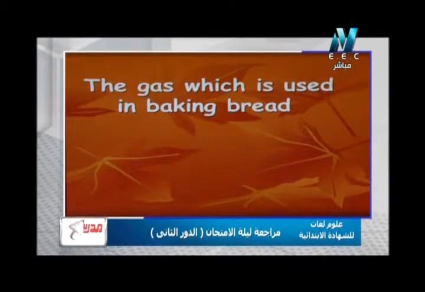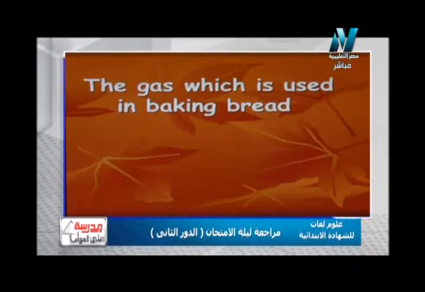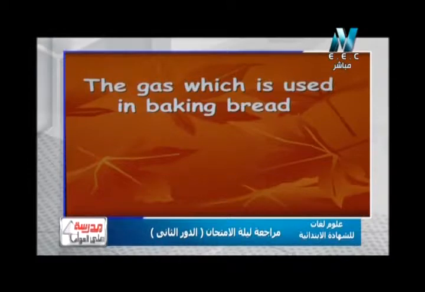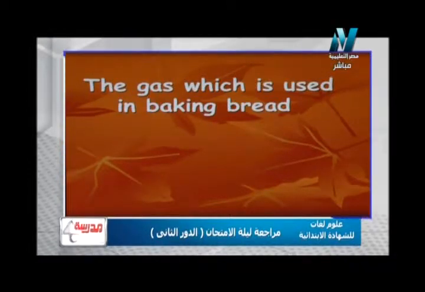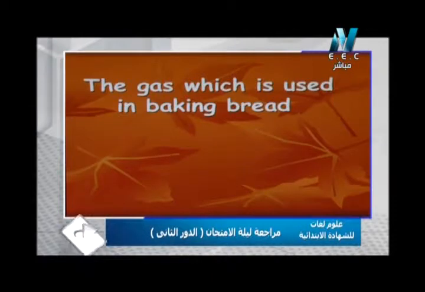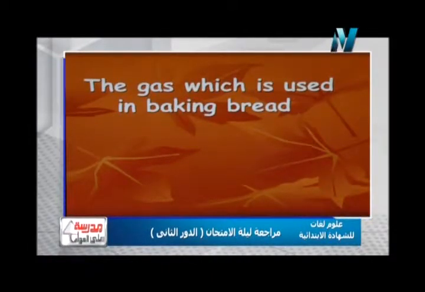Another question. The gas which is used in baking bread. هنا بيطلب مني gas أكيد غاز درسته قبل كده بيستخدم في البيكنج بريد صناعة المخبوزات. Surely it will be the gas which make bubbles. أكيد هو الغاز اللي بيعمل bubbles داخل البريد أو داخل المخبوزات to make the bread spongy and tasty، عشان يخلي العيش زي ما بنسميه باللغة العامية نافش، شكله إسفنجي، في نفس الوقت يستوي كويس قوي ويبقى طعمه لذيذ.